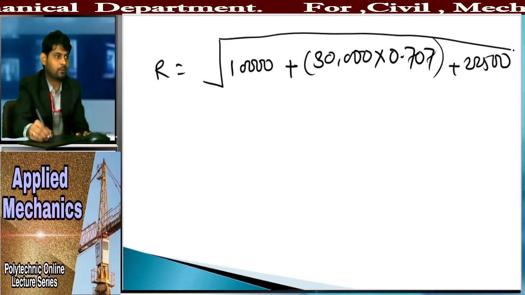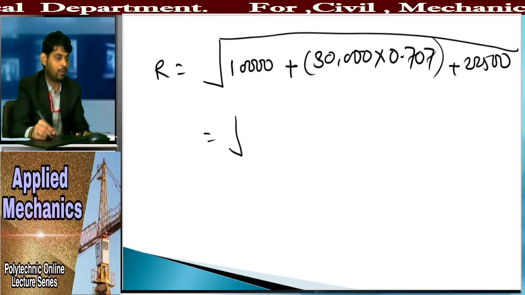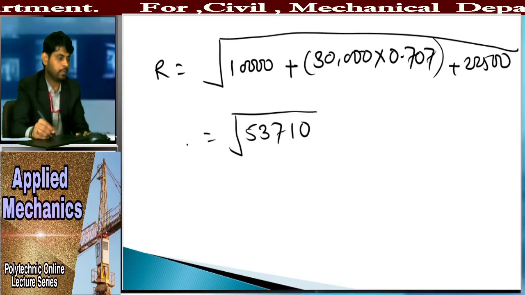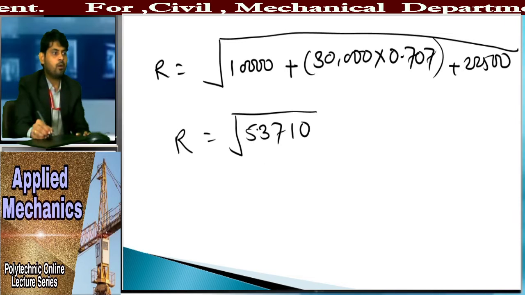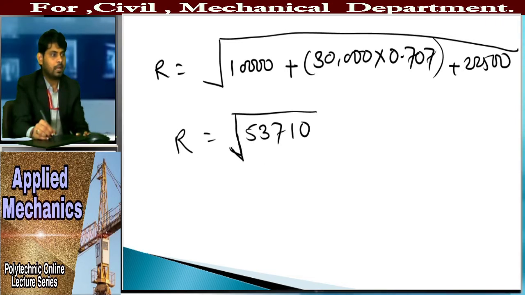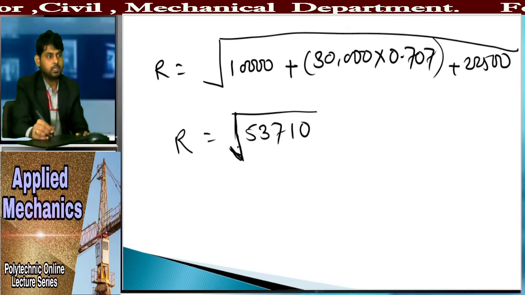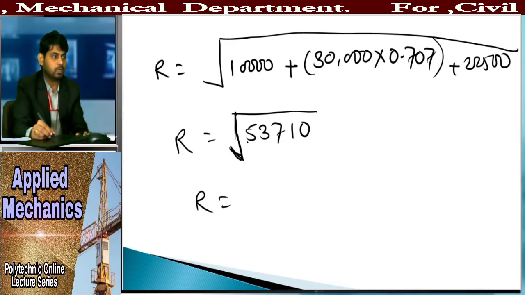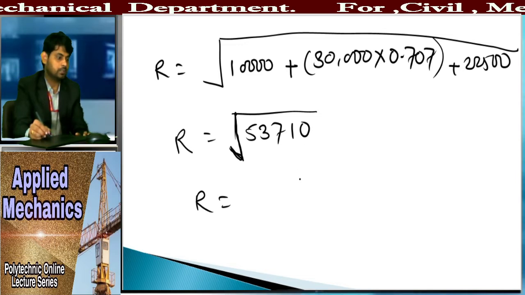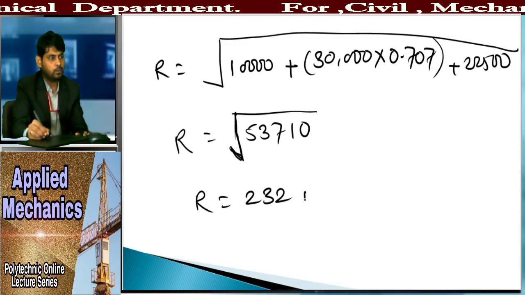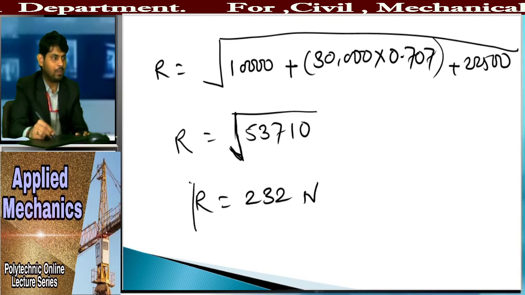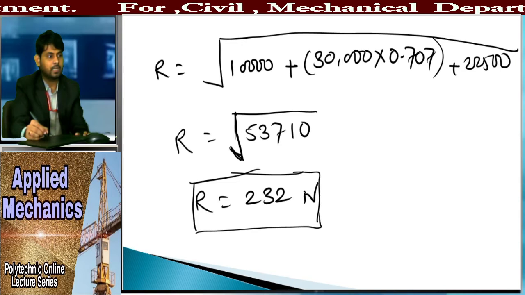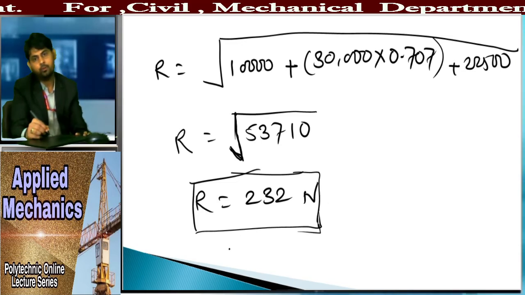Do the calculation of all these values, and you will get 53710 under root. So this is R. Now on your calculator you can calculate this value using the under root sign. So under root of 53710 is 232 Newton. This is your resultant value of R.